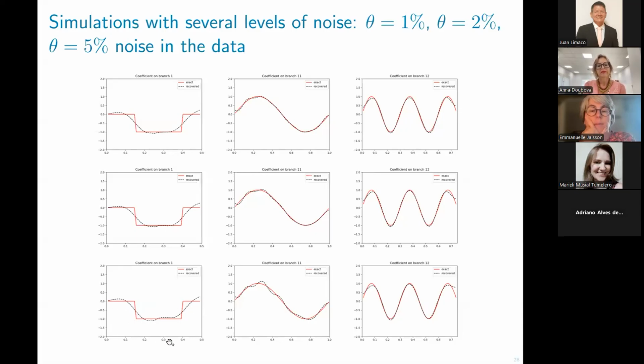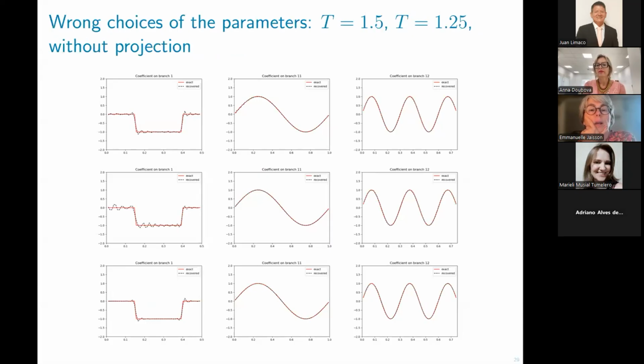Okay. Here I give some numerical results for a wrong choice of parameters. In fact, in the reconstruction algorithm, we need that the time of observation is larger than t0. And t0, in fact, is given by the Kalman estimate, and it's larger than the length of the network.